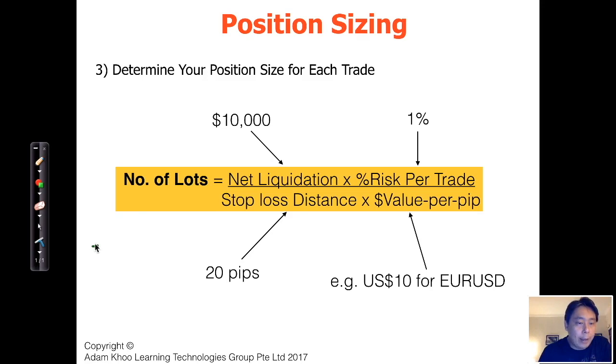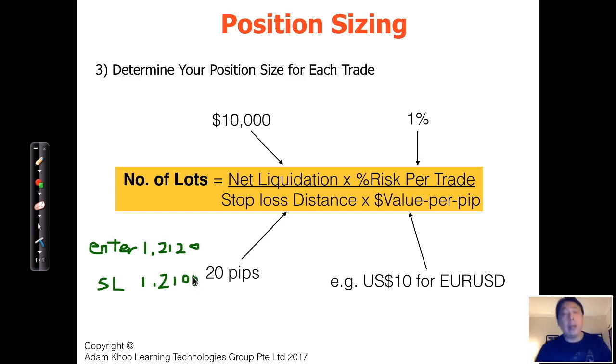For example, if you buy at say 1.2120, okay? So in Forex, we just say 2120, right? We don't say the 1 point. And we place the stop loss at say 2100.